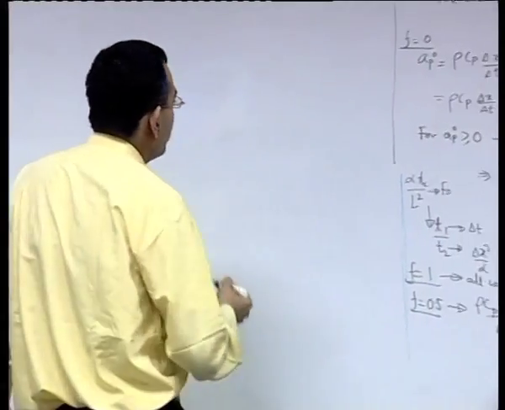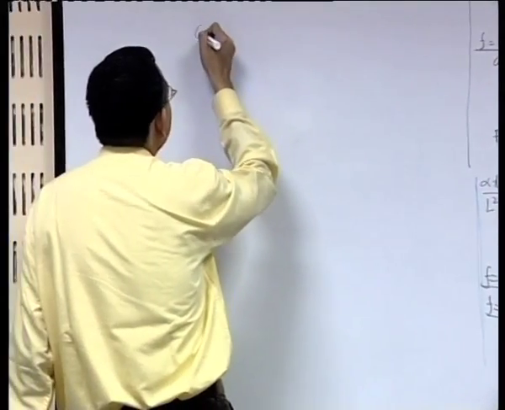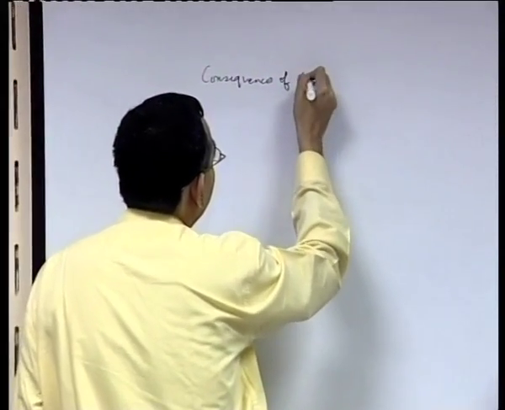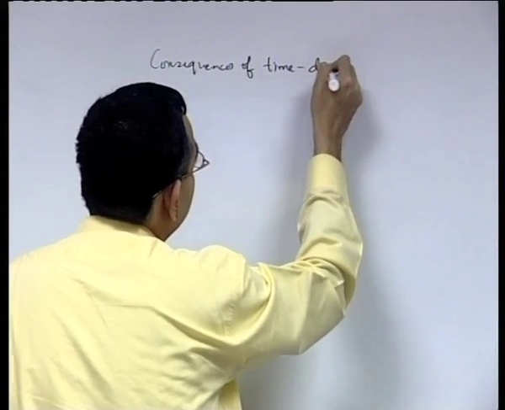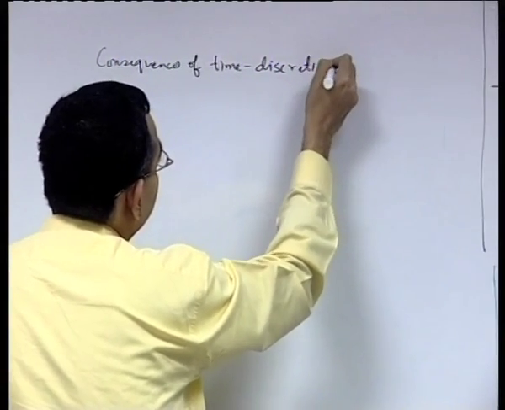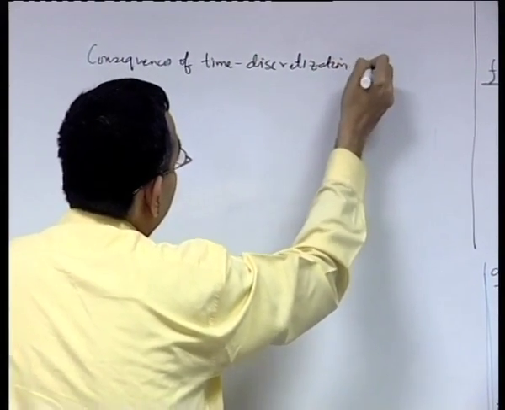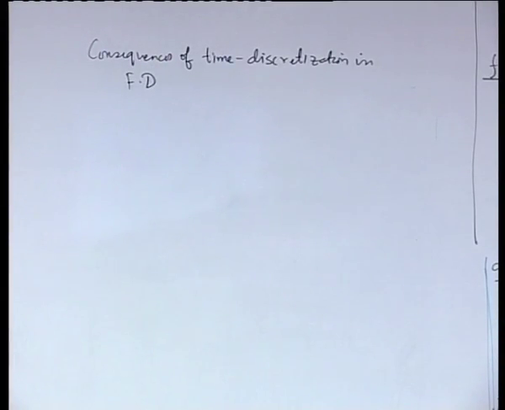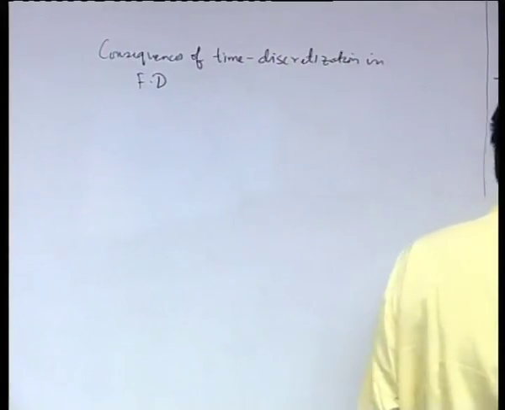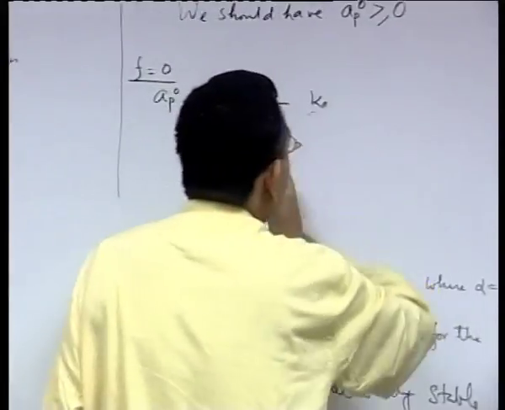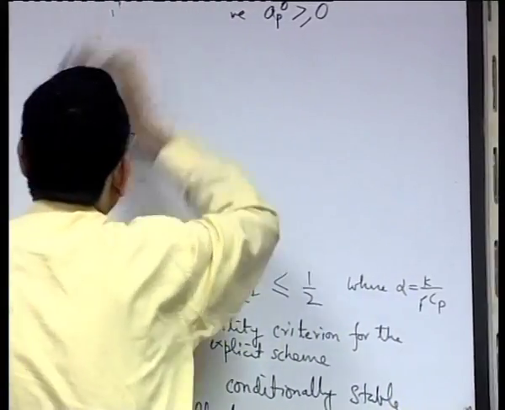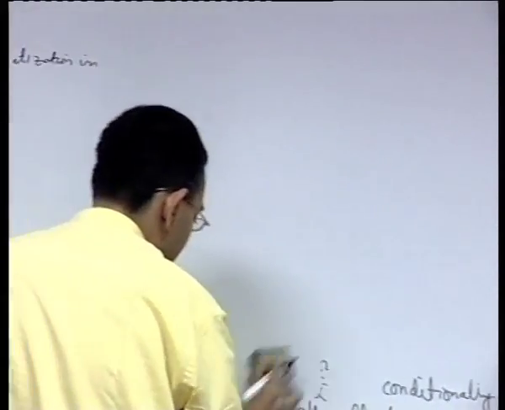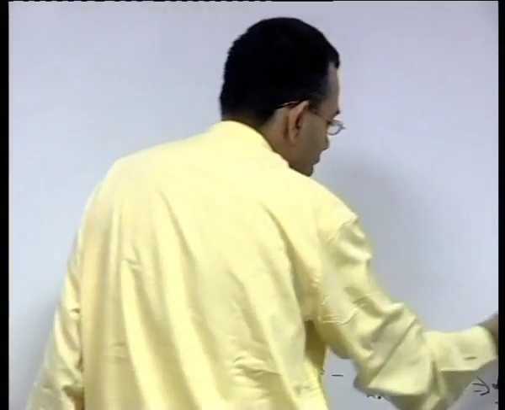So what we will try to do is see the consequences of time discretization in finite difference. We had briefly introduced the finite difference method earlier and we will take it up from there and see how we can have different types of schemes which have different behavior.